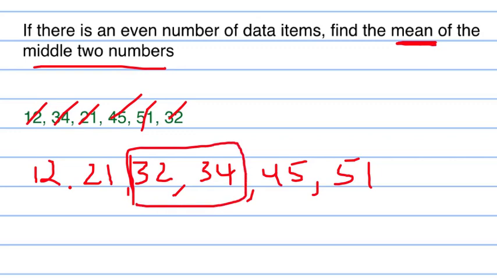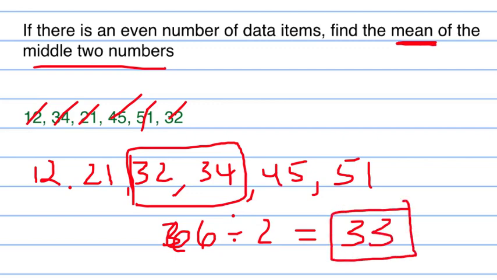Well, I know just by looking at those, if I add those together I'm going to get 66, and I'm going to divide that by 2, so my median is actually going to be 33. And that's how you find the median of an even set of data.